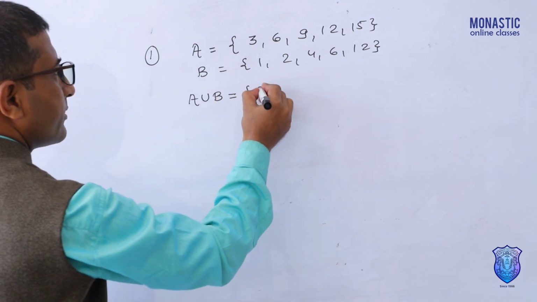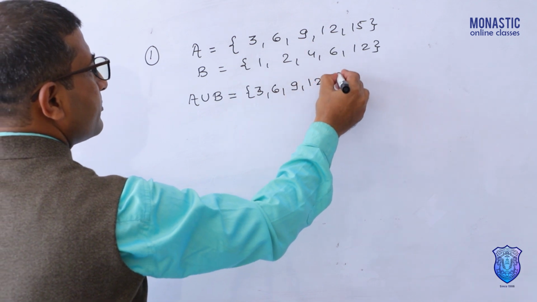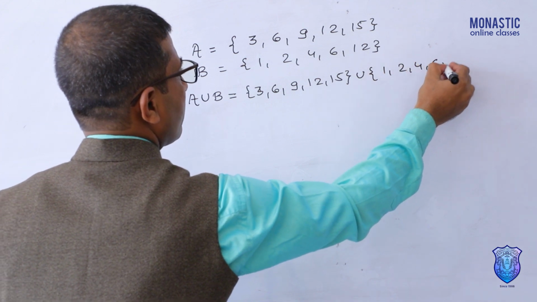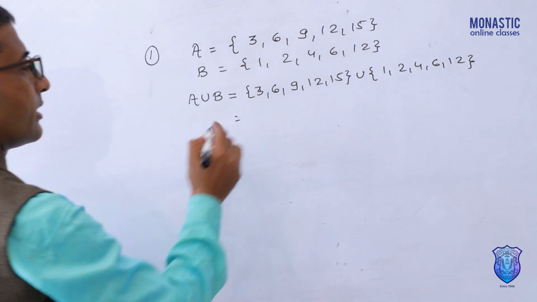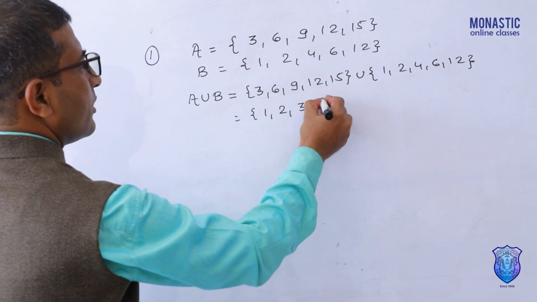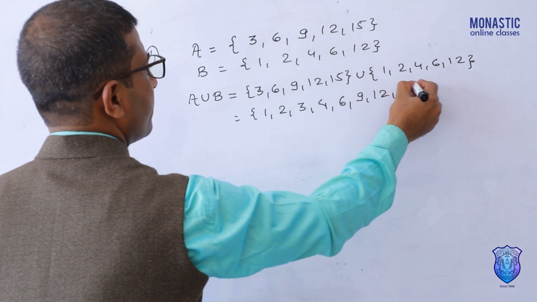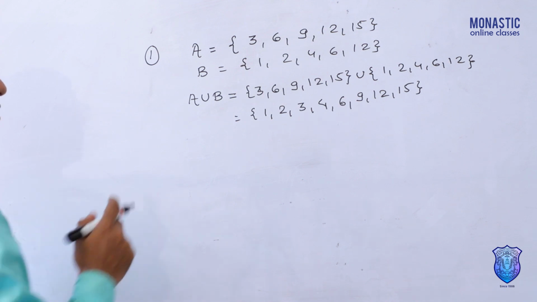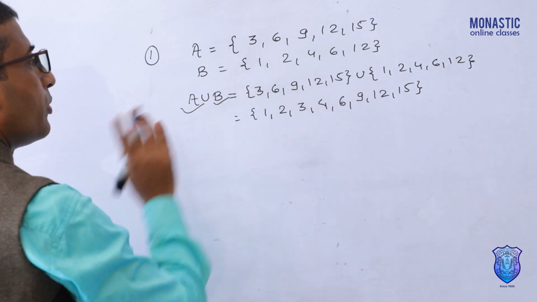To find this, we have to write these elements. Then you know union means whole. That is 1, 2, 3, 4, 6, 9, 12, 15. We have learned union of A and B means all the elements of A or B or both.